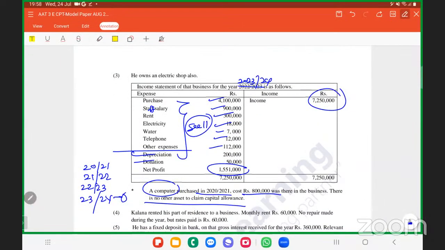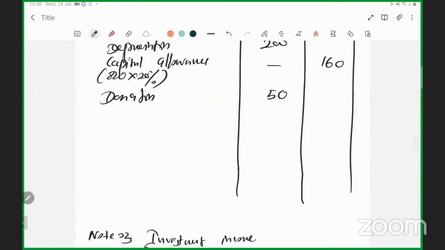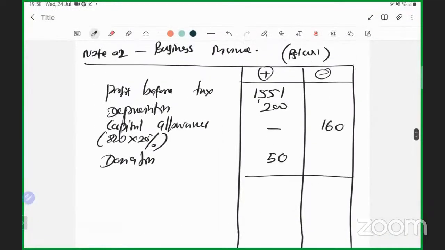Therefore, we have to assume that it is disallowable. So that's all about the business income, and we can complete that business income part here. Here 160. So what is the total of the plus column? 1,801,160.